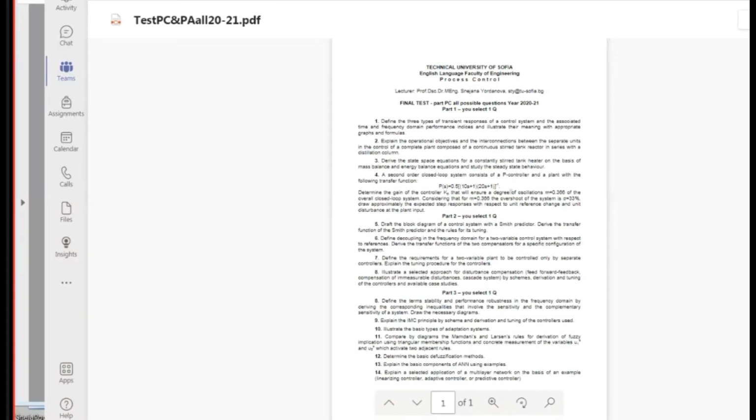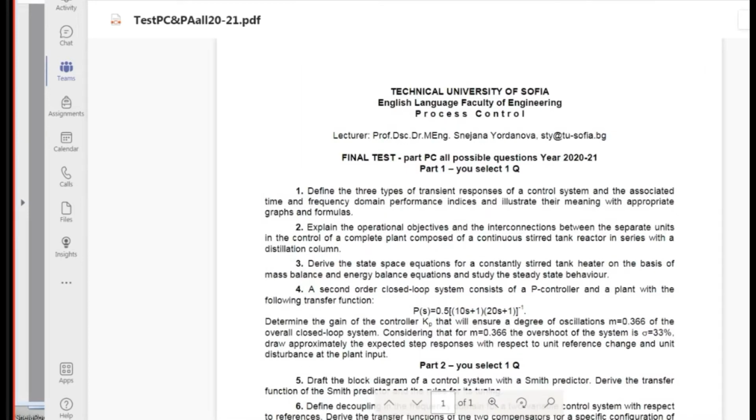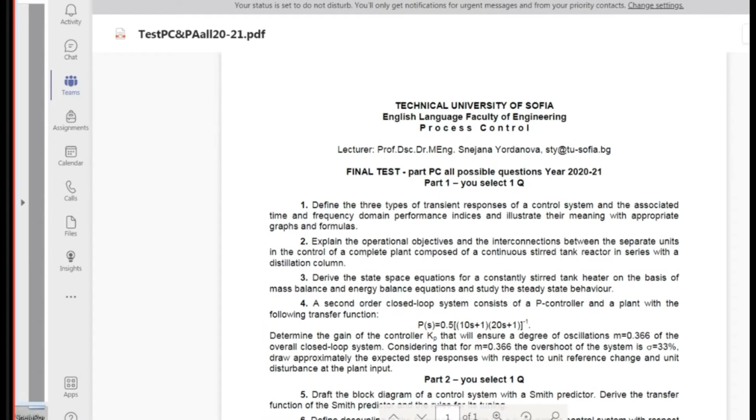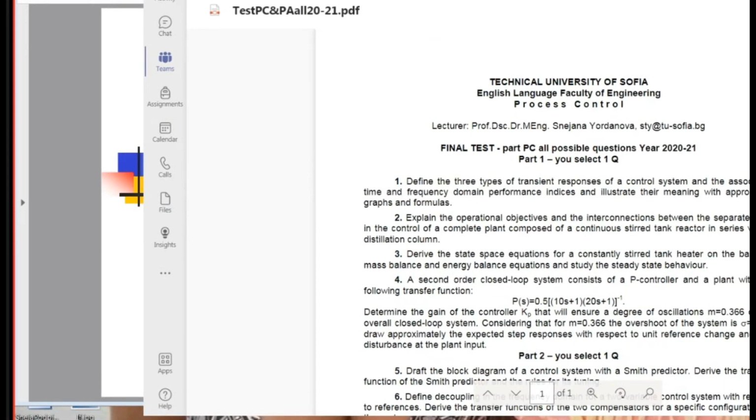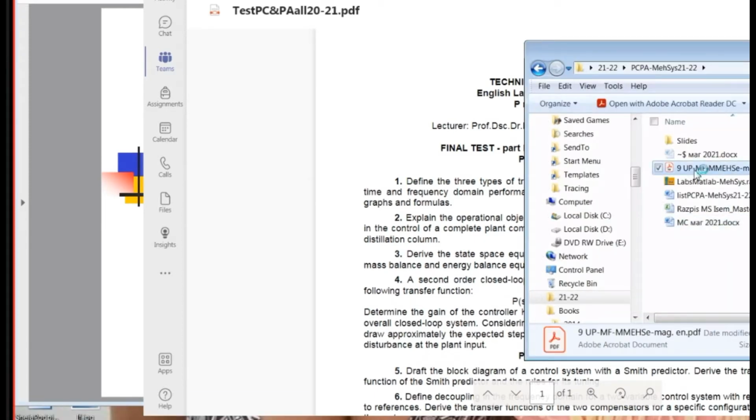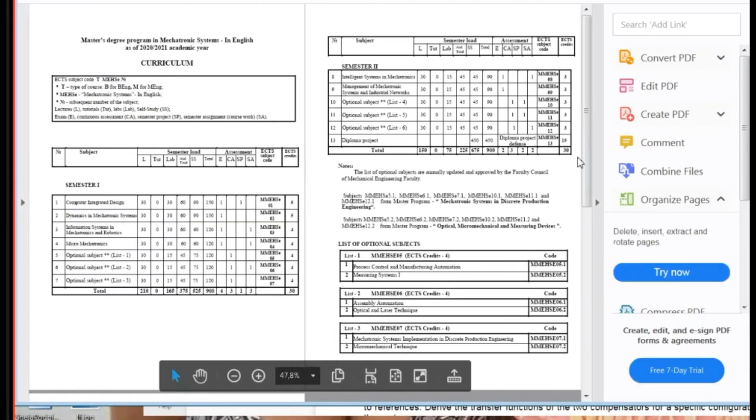Maybe after that we can enter the exam, right? Yes, that's right. Examination. Is it continuous assessment or exam? I will check now. I have the curriculum. It's probably again in Bulgarian.